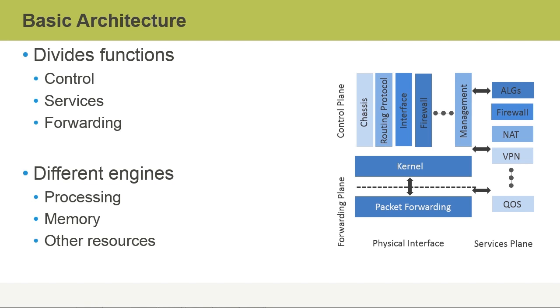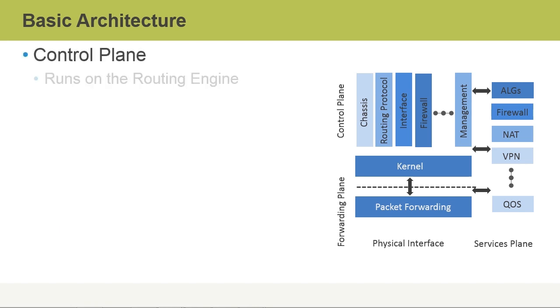First, let's have a look at the control plane in more detail. The various processes and functions representing the control plane run on what's called the routing engine. From a very high-level view, the control plane consists of a number of modules and the OS kernel, which manages and controls the modules and any communication between them.